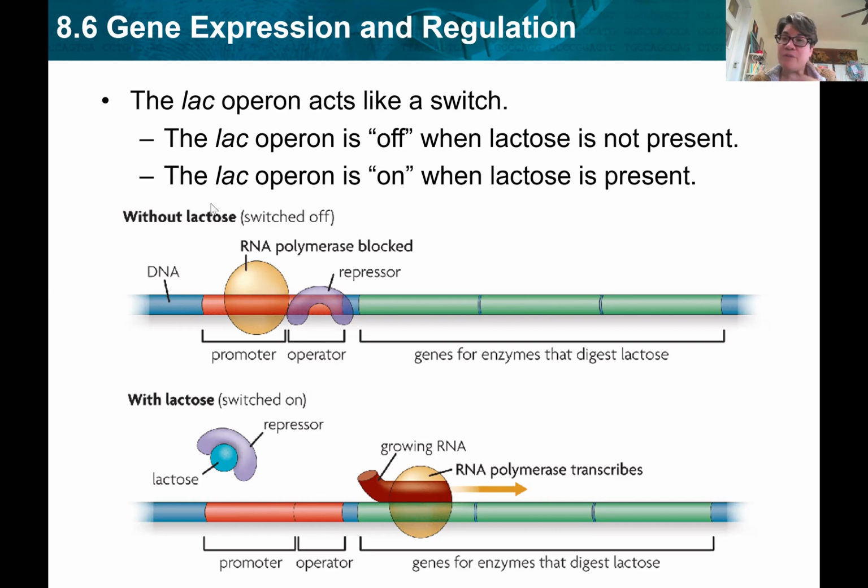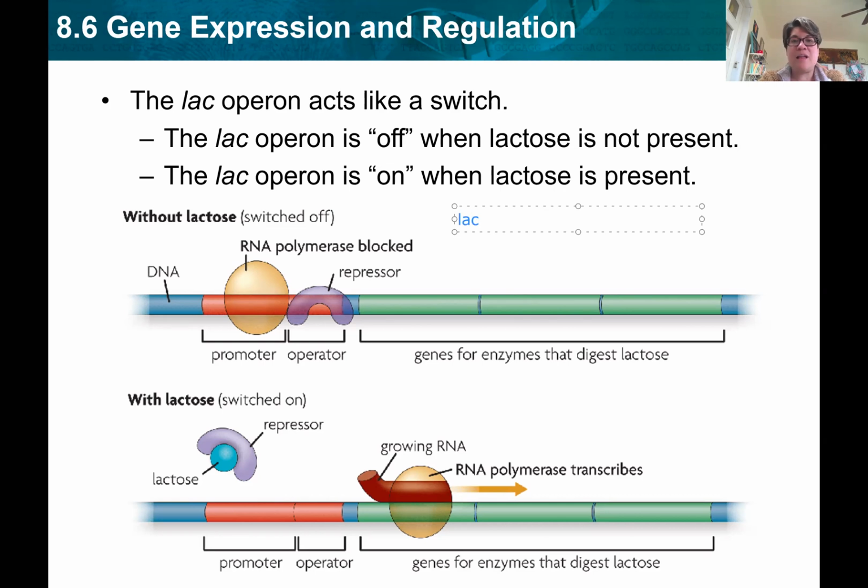Lactose is a sugar that we find in milk, right? Sometimes people are allergic to lactose because they're lacking this gene. They're not able to do what I'm going to show you. This gene is the LAC gene, L-A-C, and that is a gene that makes lactase. Let me write it.